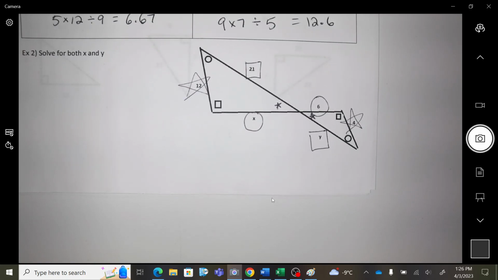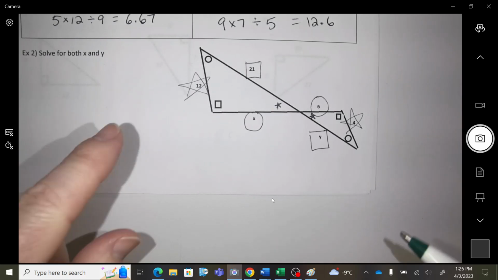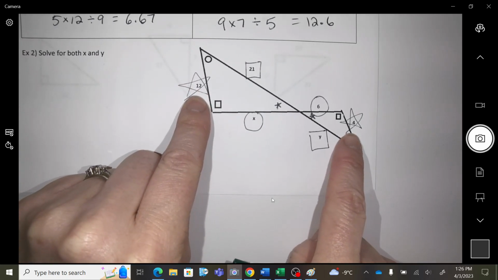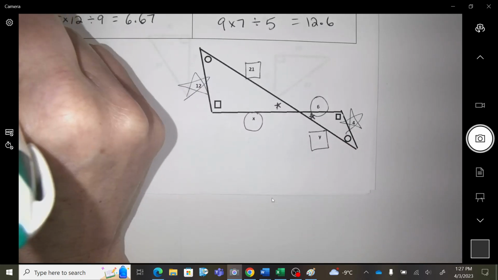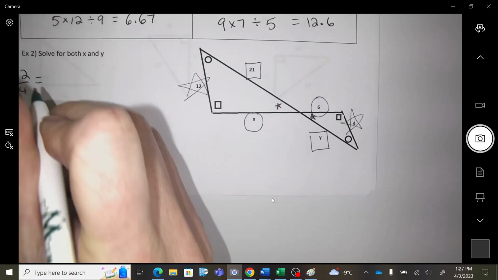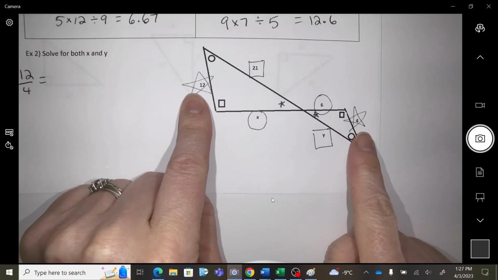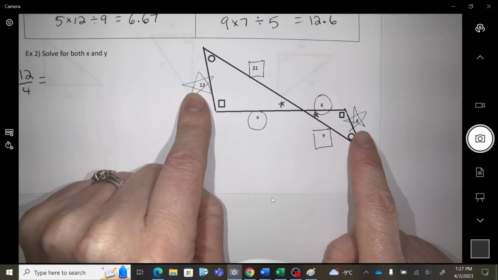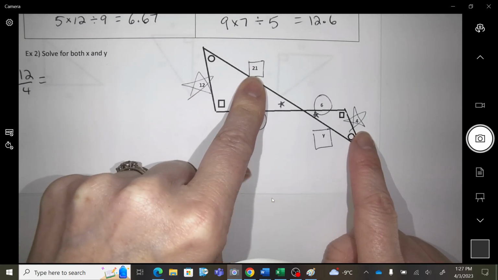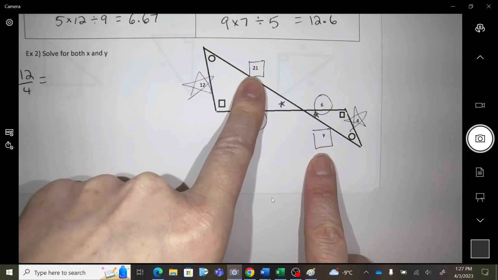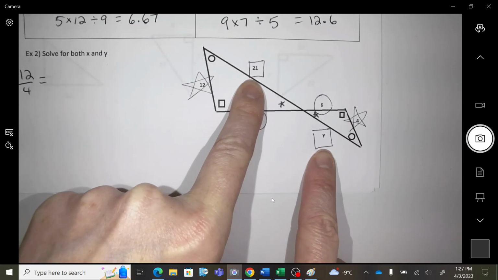Okay, which two do we want to use as a ratio? 12 and 4. That's what I'm picking because they're two numbers. So the ratio of 12 to 4 is the same ratio as 21 to what matchup? Y. To y, because it's the box.